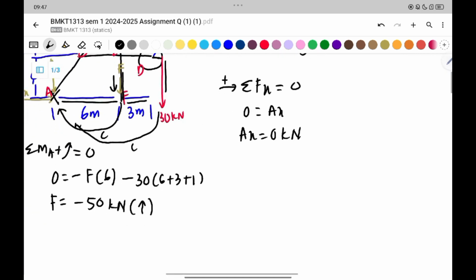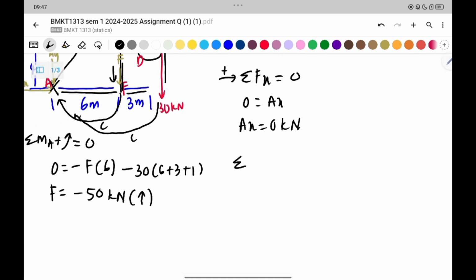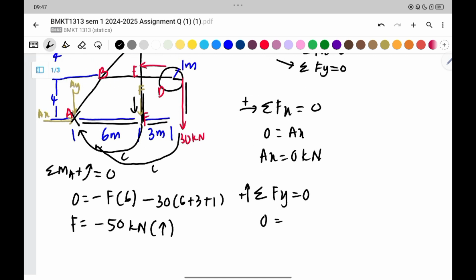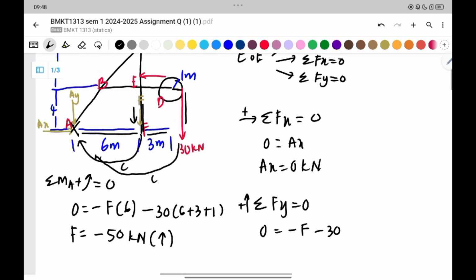Next is Fy. The force Fy acting upward is positive, equal to 0. So 0 equals, here F is acting downward, so we put it as negative F, and also minus 30, and also minus AY.